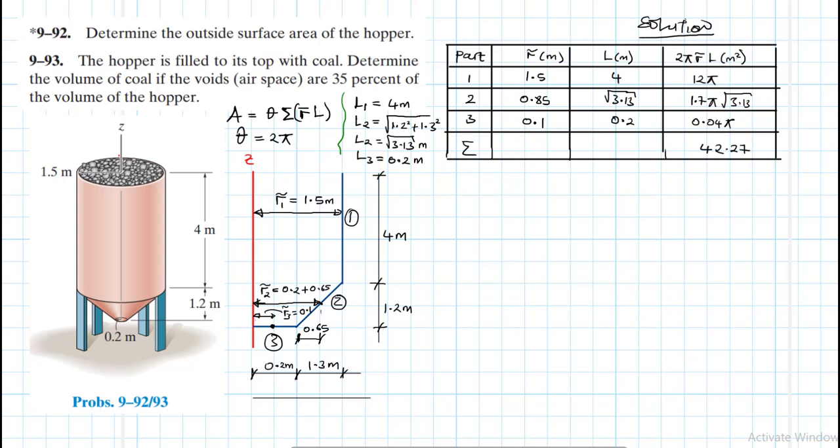42.27. Therefore, the surface area includes the bottom, which is closed. That's the reason why it's closed there. The only part that is open is on top. So the surface area of the hopper is equal to 42.27 square meters.